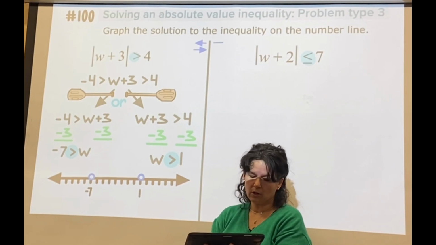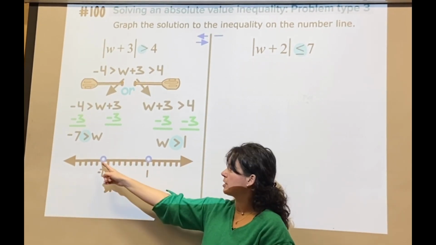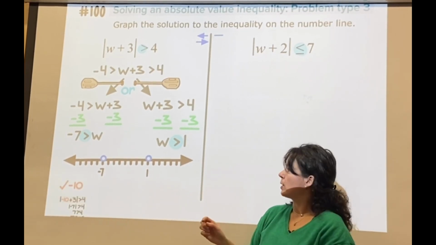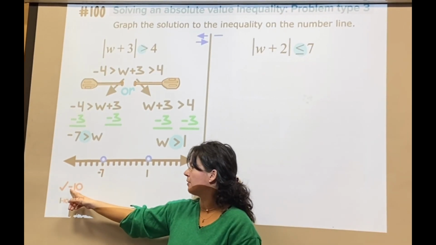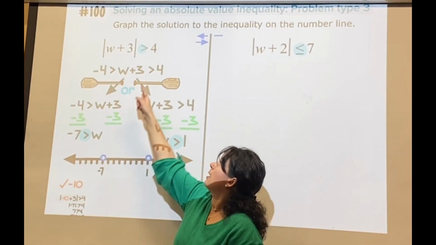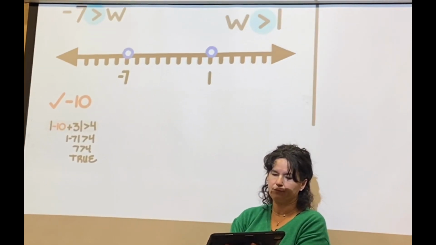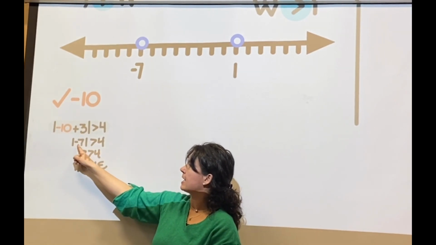You can also test any number to the left of negative 7 in the original. So if I were to put negative 10 back in the original, negative 10 plus 3 is negative 7.